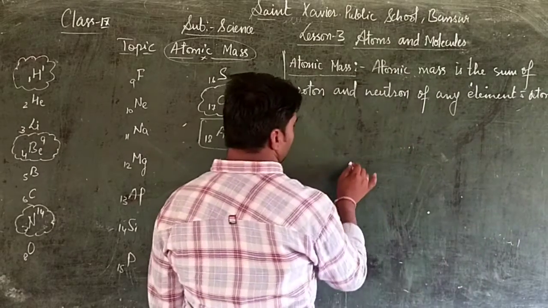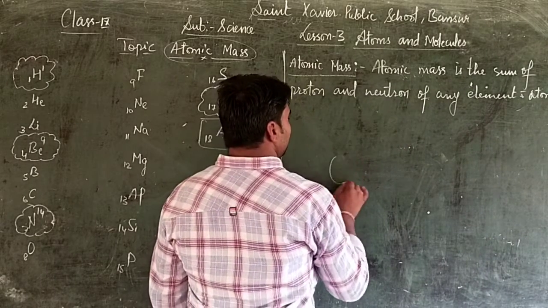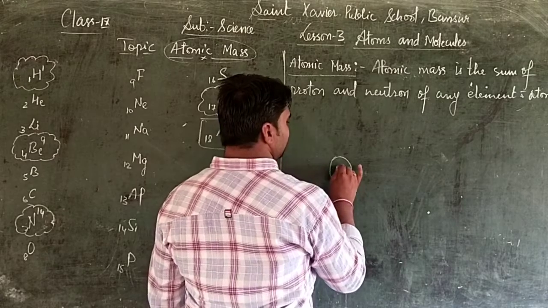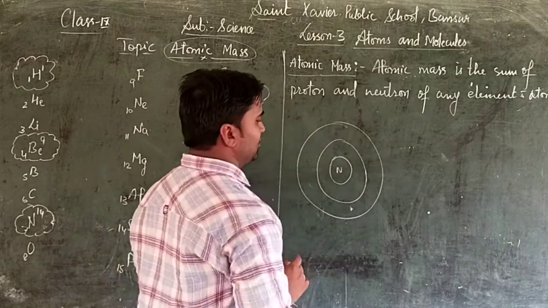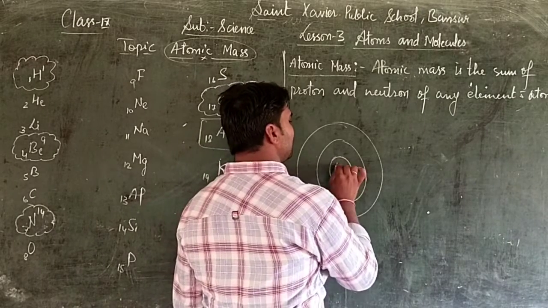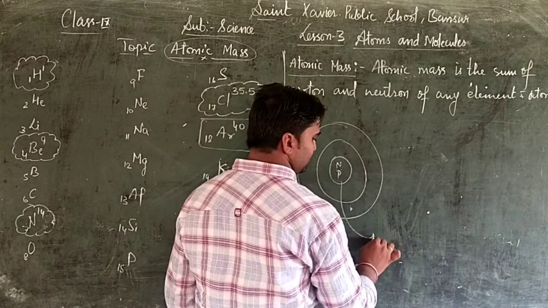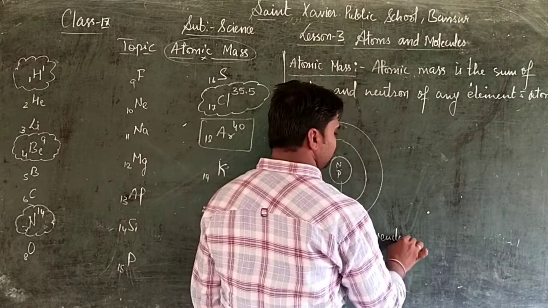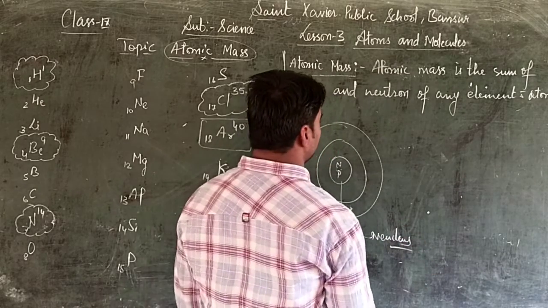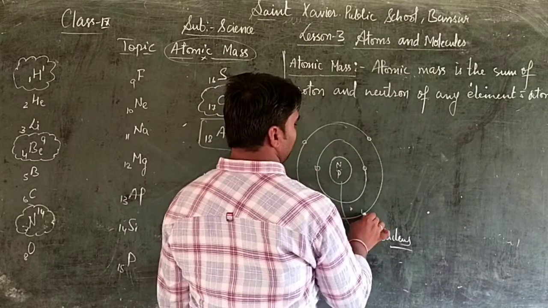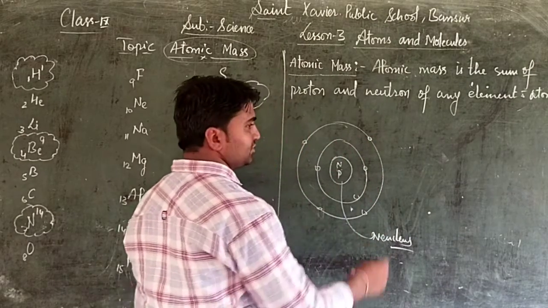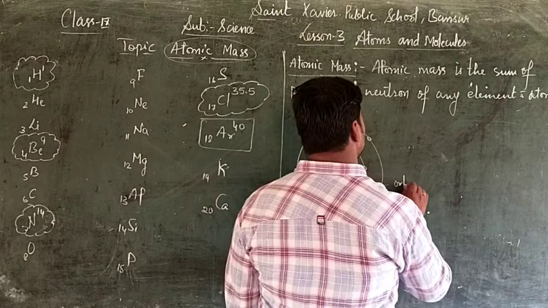You know very well, this is the nucleus. In the nucleus, neutrons and protons are found. Outside of it, electrons move in circular orbits. These orbits are known as orbits or shells, you can say.